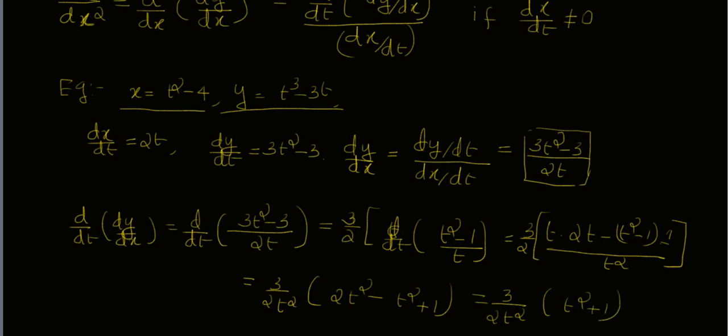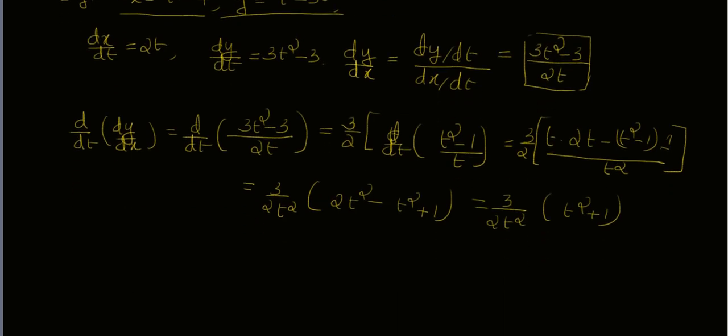So next I have to find d square y by dx square, which is equal to 3 into t square plus 1 divided by 2t square, divided by dx by dt.